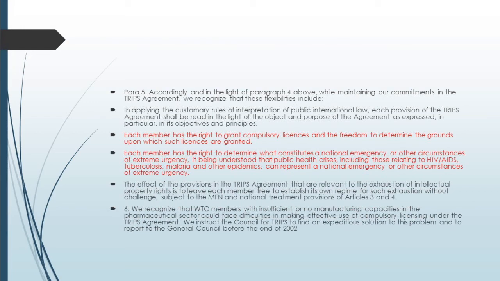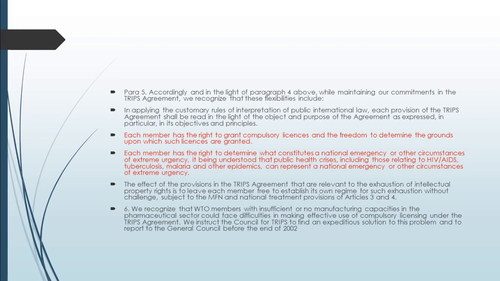Now, what the Doha Declaration did was to widen the scope of compulsory licensing by providing that each country would be allowed to decide the grounds on which they are going to grant compulsory licensing, and any kind of public health problem like HIV, AIDS, malaria. There are still African countries for whom malaria is a bigger problem than any other disease.